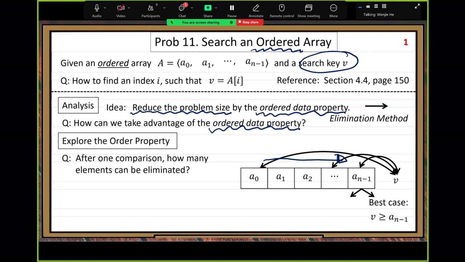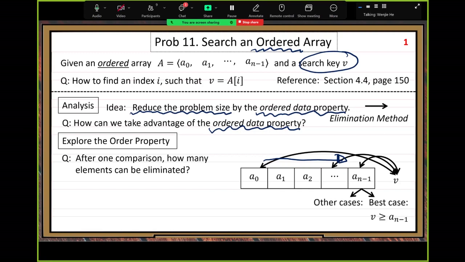If V is greater than the last element, we cannot find the given key in the array, so we stop the search. So that's the best case. One comparison, and our function returns its result.